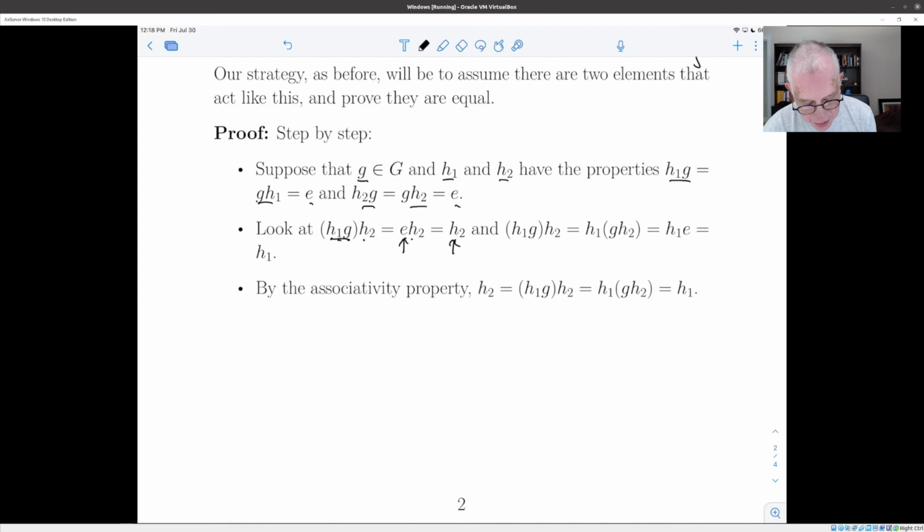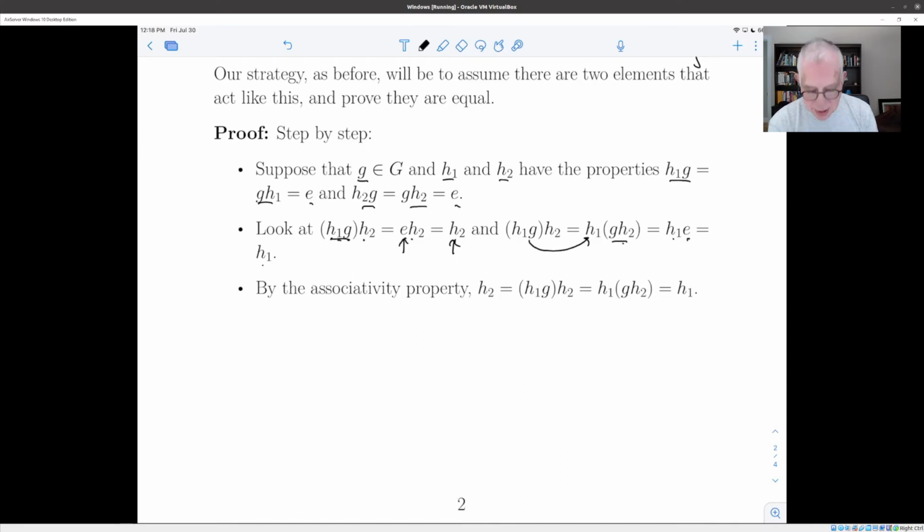On the other hand, if we use the associative law, instead of doing the calculation as first H1 g, then H2, we do H1 and then we do g H2 first. And since H2 is an inverse of g, g H2 is also the identity element, and so we get H1 e. And since e is the identity element, H1 e is H1.